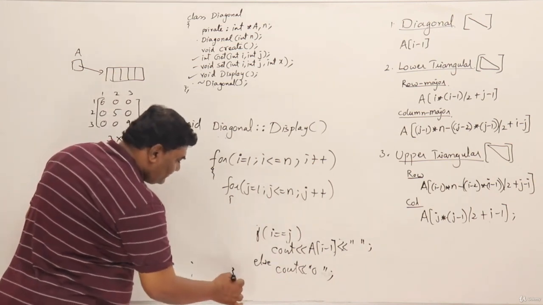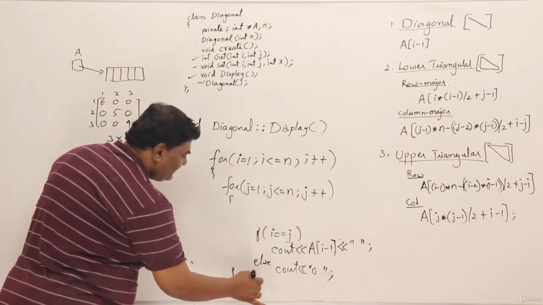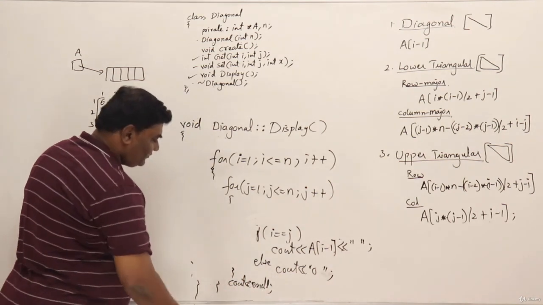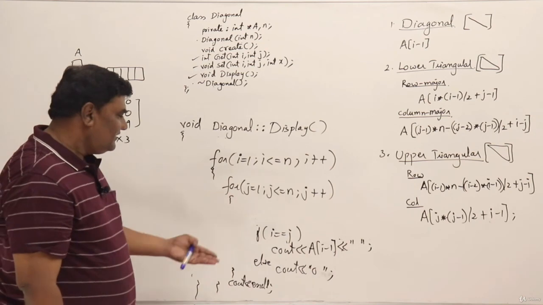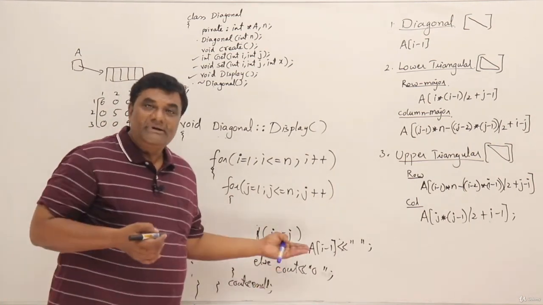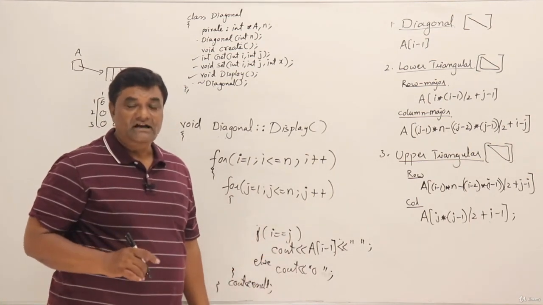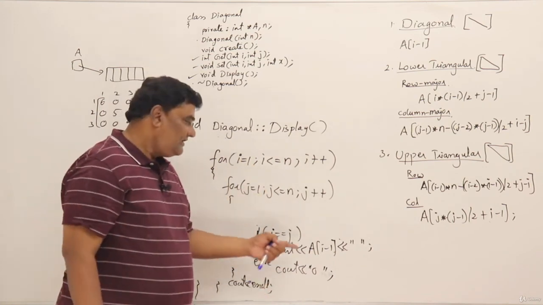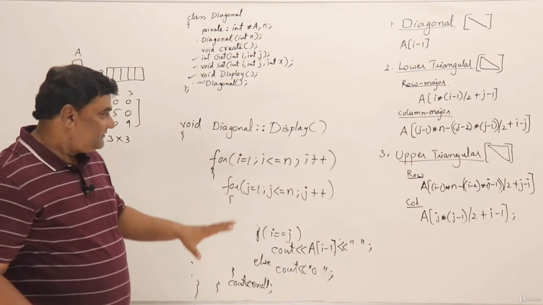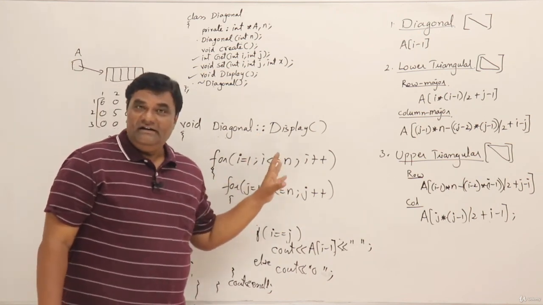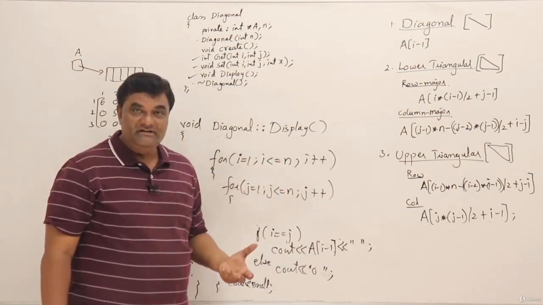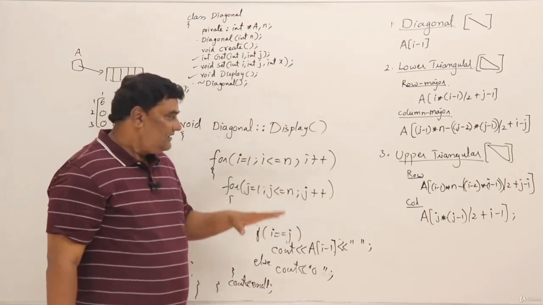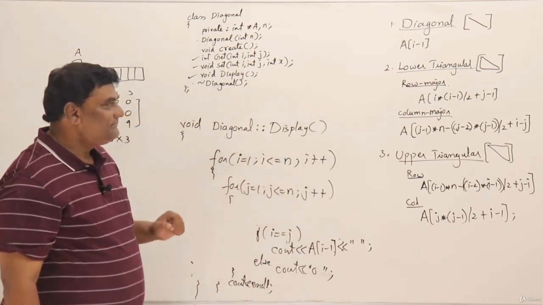Then after the first for loop, say cout endl, and then the two for loops and the function call. So this code will print the complete matrix with all the elements, zeros as well as non-zeros, everything it will be displaying. Now again, instead of showing just non-zero elements, I am showing zeros also, that is coming as a print on the screen. This is for diagonal matrix.